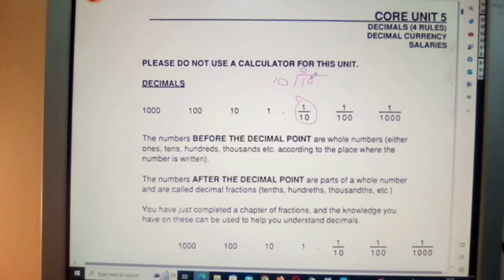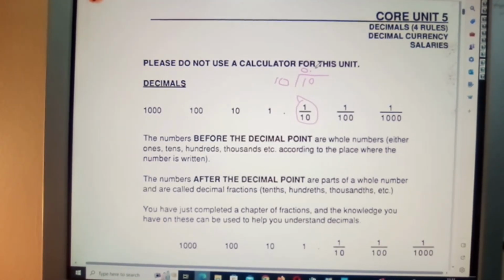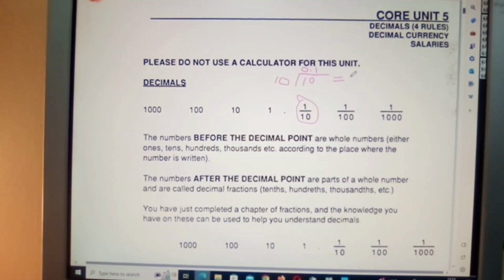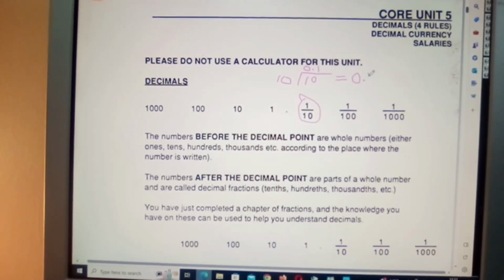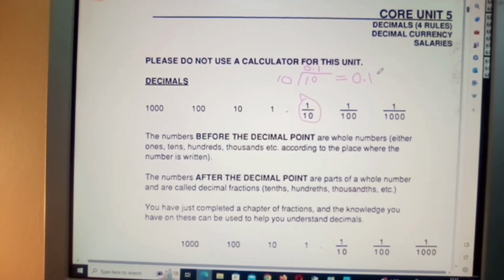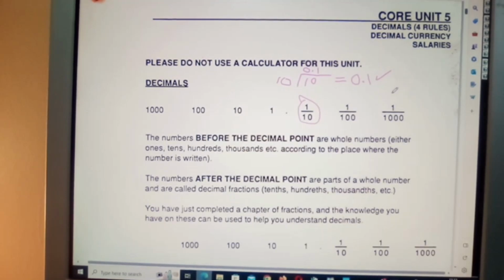Small 0. 10 into 10 goes once. So the answer here equals 0.1. Okay, and that is your correct answer.